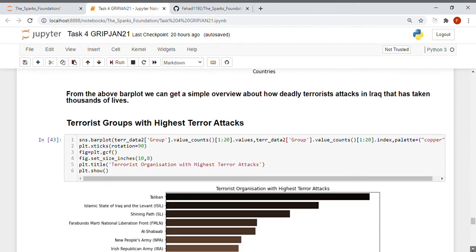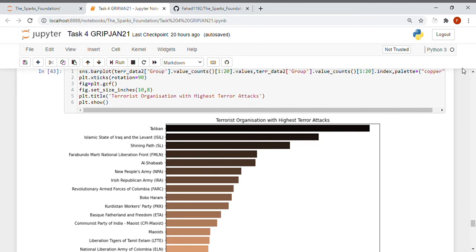Terrorist groups with the highest terror attacks. The terrorist group with the highest number of attacks has been the Taliban, and second position is ISIL. Shining Path, I am not familiar with.